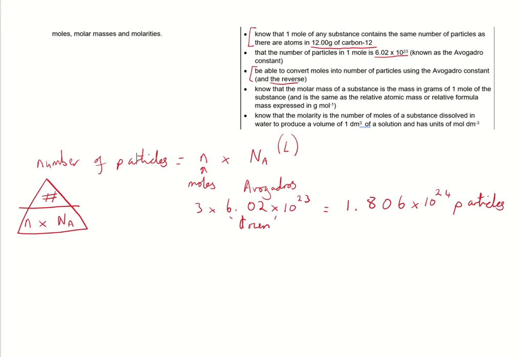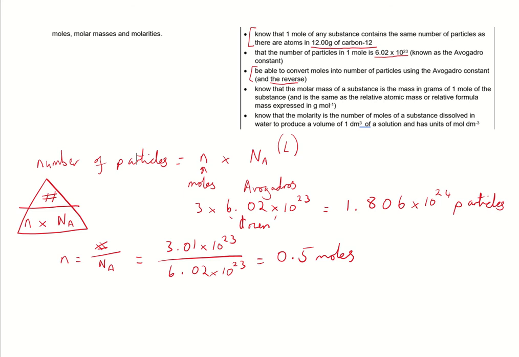So if you're given, say, the number of particles and you're asked how many moles you have, then moles is the number of particles over Avogadro's constant. So let's say we've got 3.01 times 10 to the power of 23 divided by 6.02 times 10 to the 23. Then that would come out as 0.5 moles.